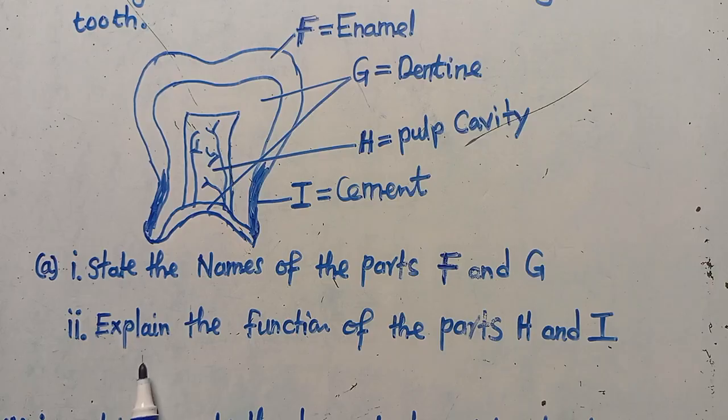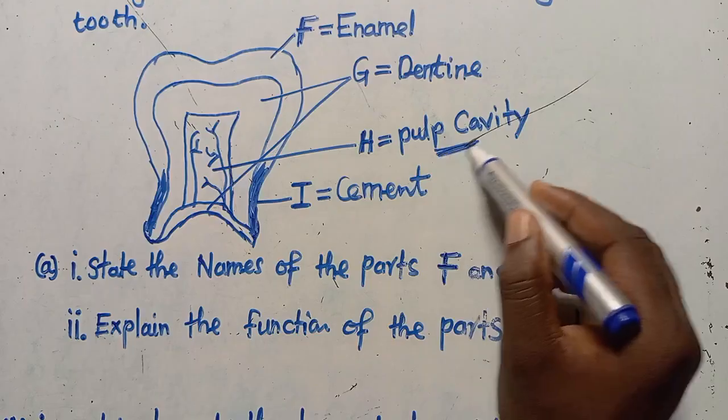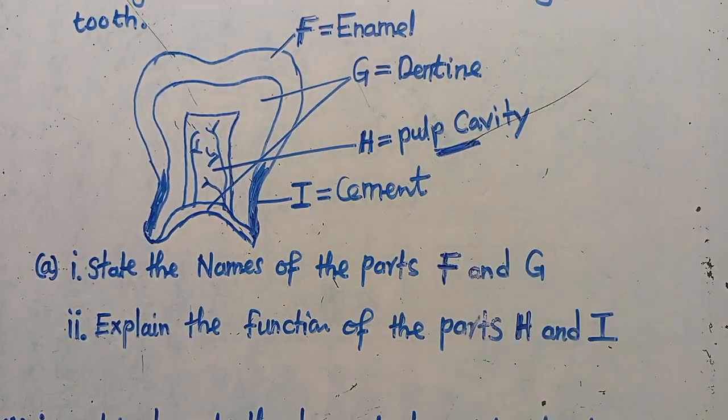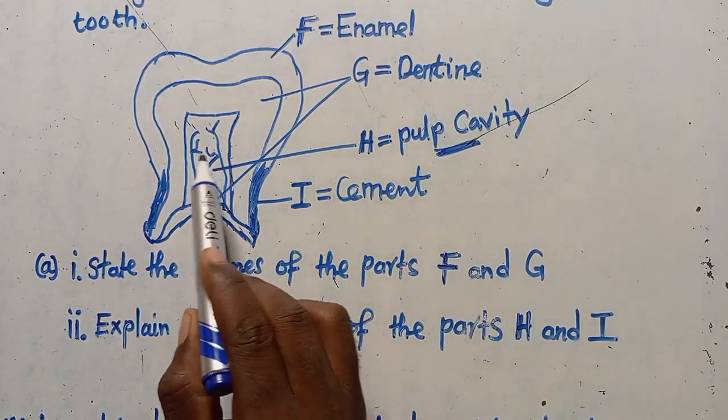They're telling us to explain the function of the parts labeled H and I. What is the function of this part called pulp cavity? Like I've told you, you are able to see some nerves there.